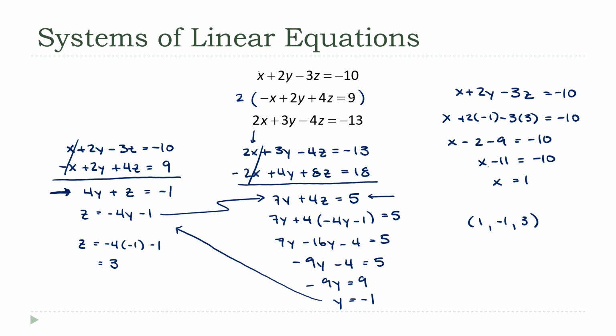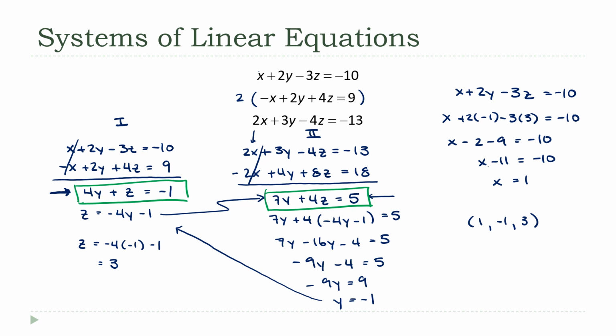What did we do? Well, I used the elimination method to eliminate the same variable twice. I eliminated x here, and I eliminated x again here using a different set of equations. The result was a system of linear equations in two variables.